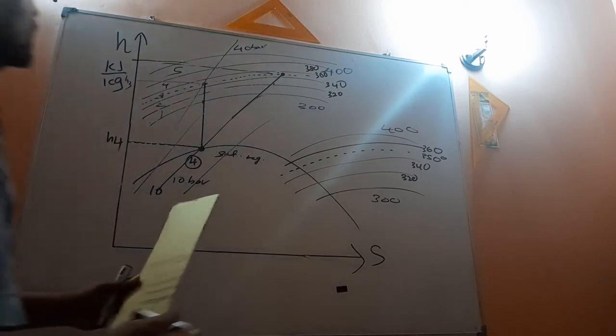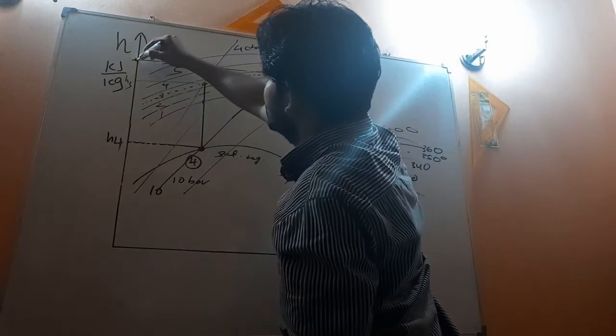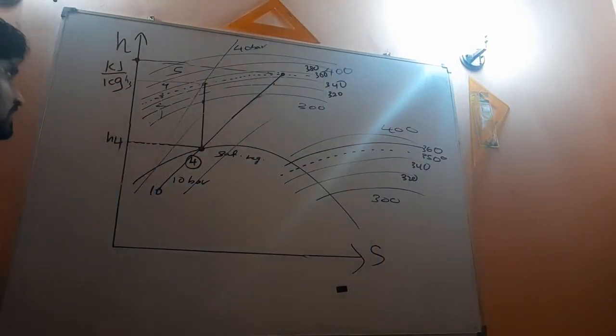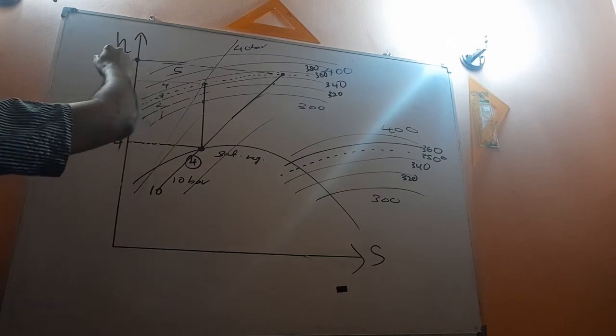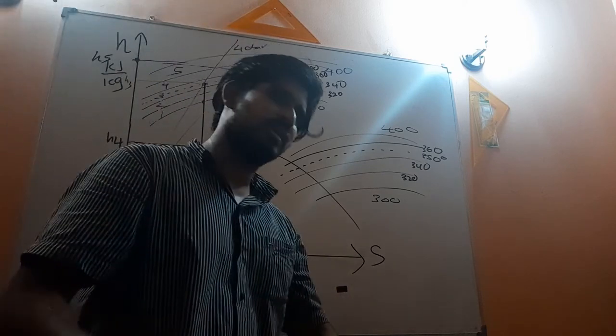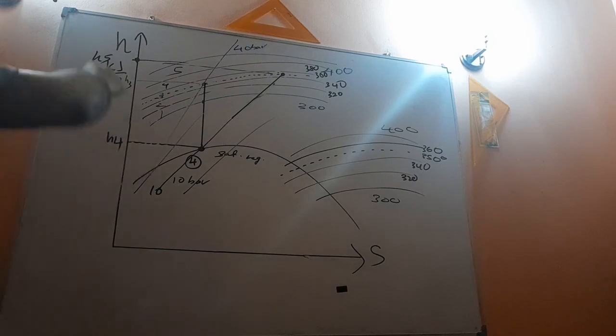That is why I am always using this ruler. Then you can find that enthalpy. What is that enthalpy? That must be H5. The value of H5 you can find by referring to the video. So that is how it happens, H5.